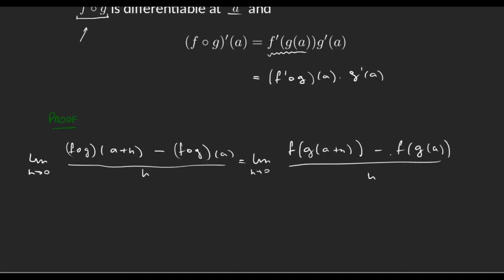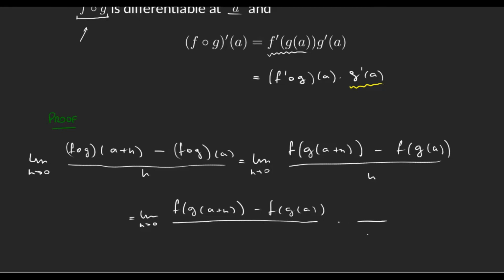Here we should get to something with g prime, and for this we're going to have to make this sort of appear here. So what we're going to do is, this is equal to the limit of this thing, and instead of dividing by h, I'm just going to write it like this.